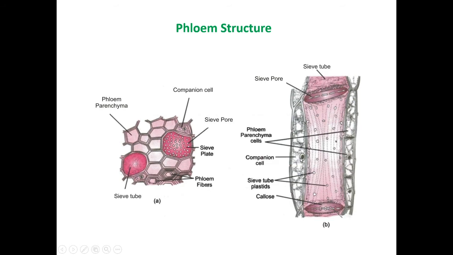Here in the companion cell you can see a very clear nucleus, but here you can't see any nucleus. So in mature sieve cells no nucleus and no vacuole are seen. Only plastids, mitochondria, and endoplasmic reticulum may be seen, that too peripherally. Okay, these are cytoplasmic strands.